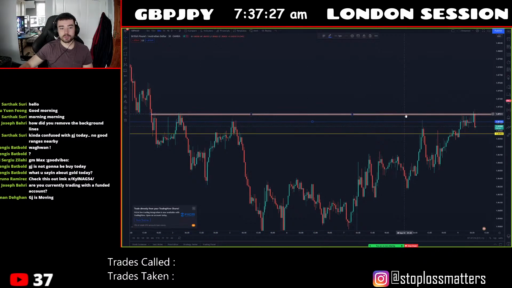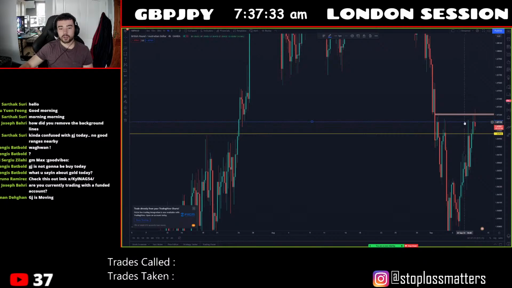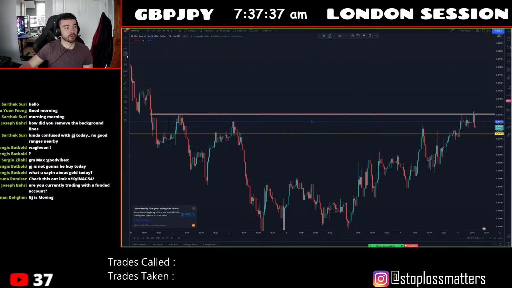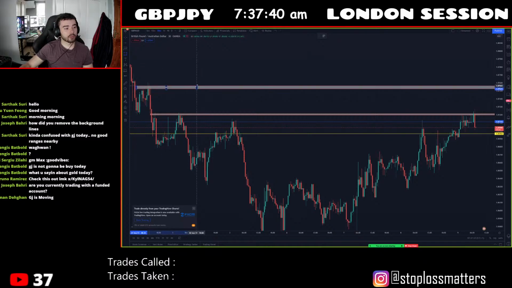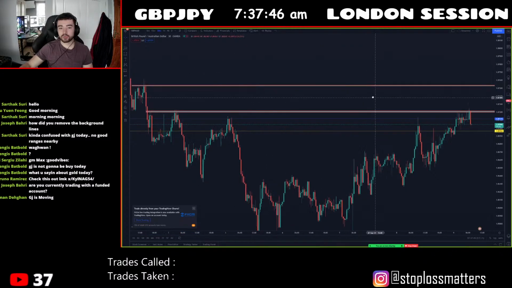If you do get buys above this zone over here, we are going to be flying. I'll just move this 4 hour. Oh, that's good. We're going to be coming up to the next 4 hour, which is above here at this point. Let's have a look at this range. Yeah, 30 pip range, so we're looking good for that.